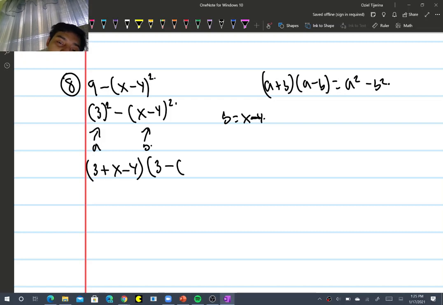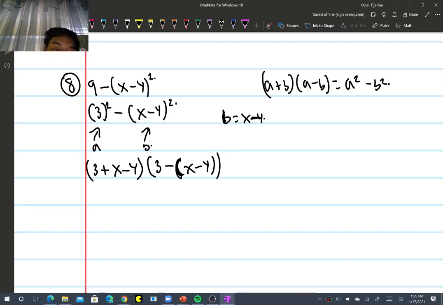That's our b. So knowing that we do minus b, we're going to do minus parentheses x minus y, because we're saying that that entire thing is our b term.